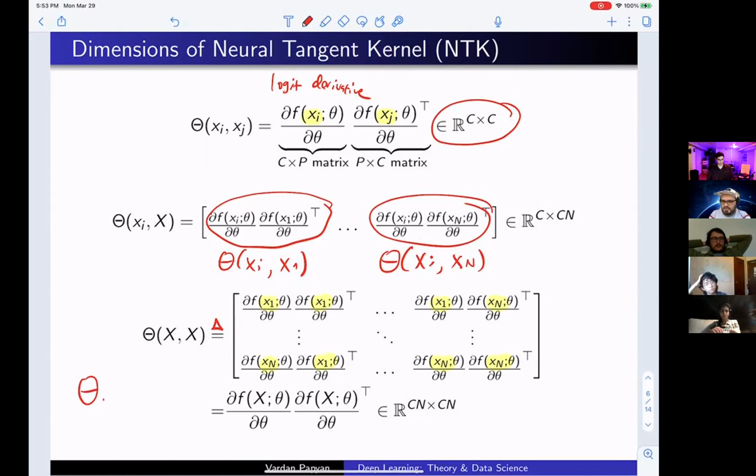So I would define it as ij, maybe cc prime or something like that. Because every C by C matrix can be indexed by a C and C prime, and there are combinations of I and J. So it makes sense to think about it as 4 indices, but I'm not going to do that because the original paper did not do it. So I'm trying to make it more consistent with the original paper.